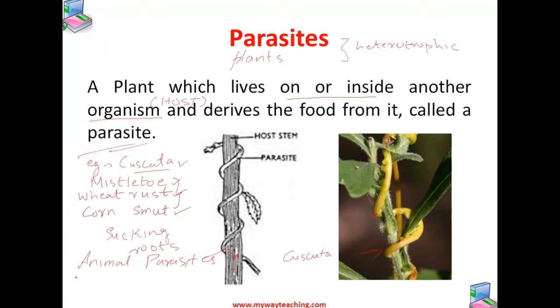For example, you know that you get lice in the head. They derive all the nutrients from your skull. Then there are bed bugs. These are also parasites. We have leeches as an example of animal parasite, and mosquitoes are the most common of them.